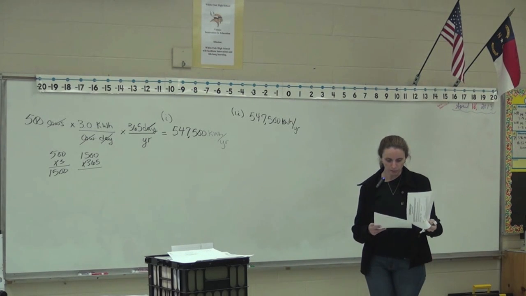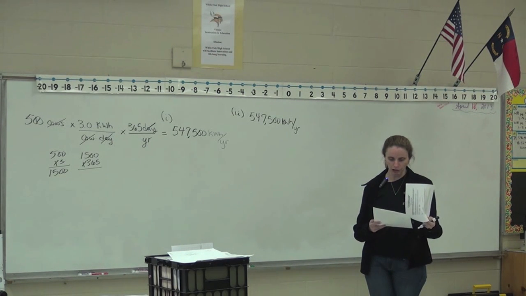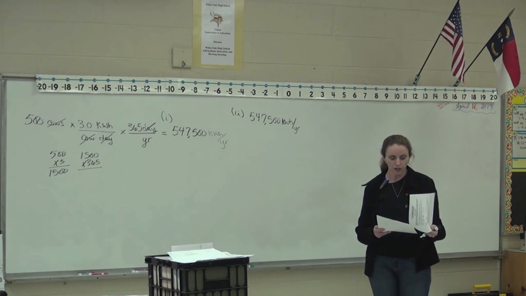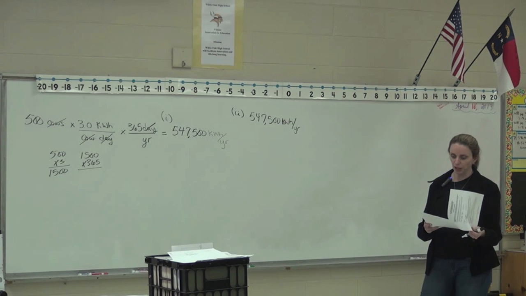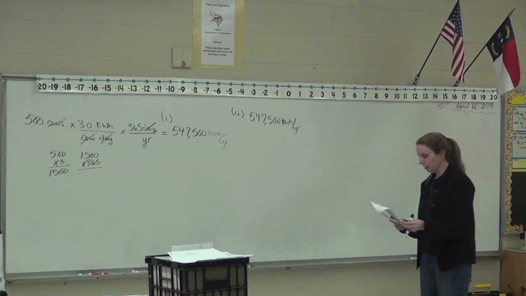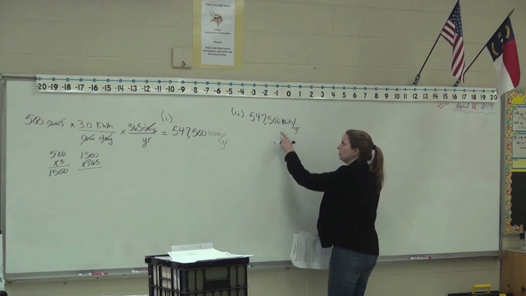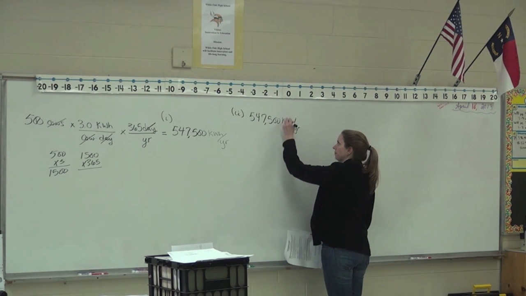The problem says to assume that the farmer uses 800,000 kilowatt hours each year at a cost of 10 cents per kilowatt hour. So basically, the cows are making this.